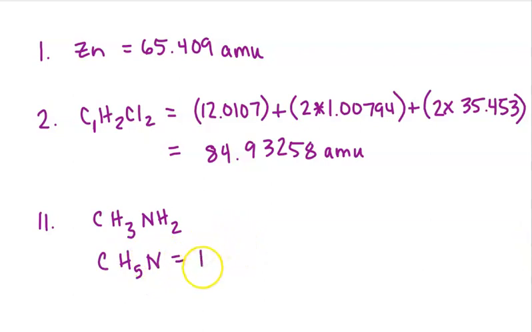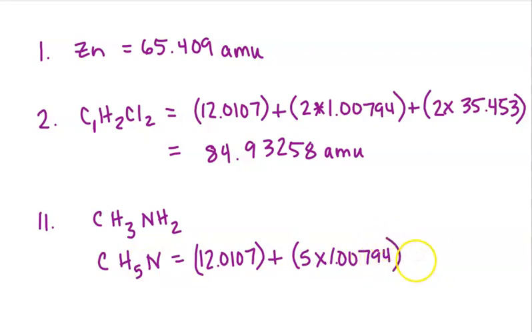So 1 carbon is 12.0107. Okay, and 1 hydrogen is 1.00794, but we have to times that by 5 because there's 5 of them. Okay, and then there's just 1 nitrogen on here. That's nice. So that's going to be 14.0067.